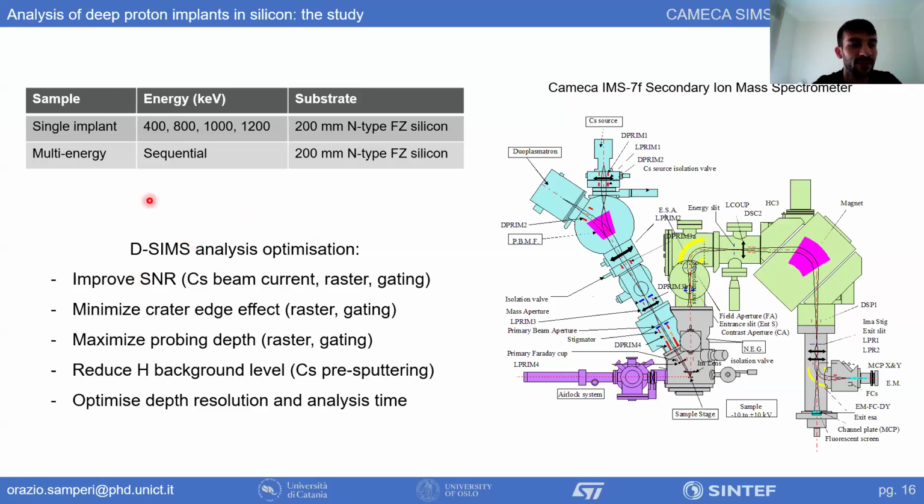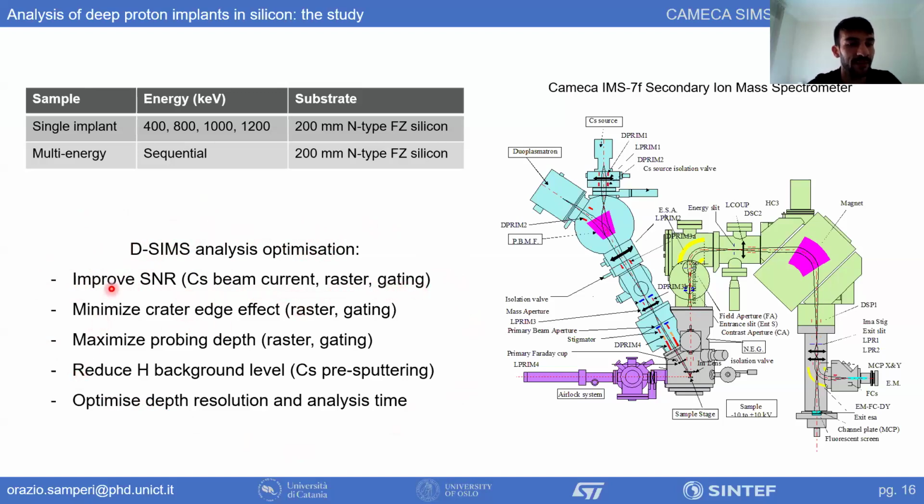And the work basically consists of an optimization of parameters in order to obtain the best measurement. What I did here was to try to improve the signal to noise ratio by working on the primary ion beam current and the sputtering conditions, then the raster size and also the optical gating and so on.